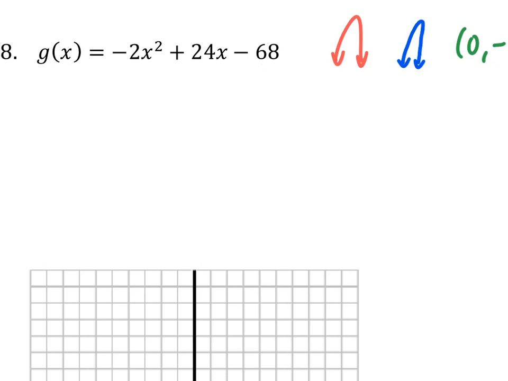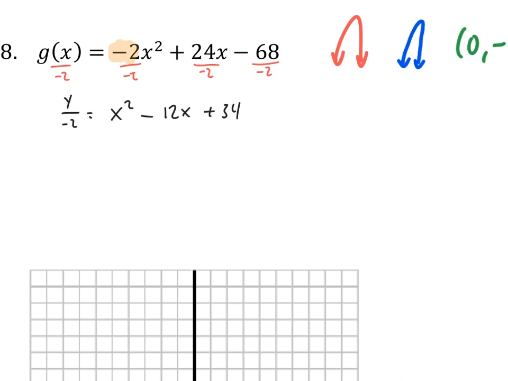First thing I want to do is to get that a value to be 1, and since it's negative 2, I'm going to divide everything by negative 2. That gives me y over negative 2 equals x squared minus 12x plus 34.